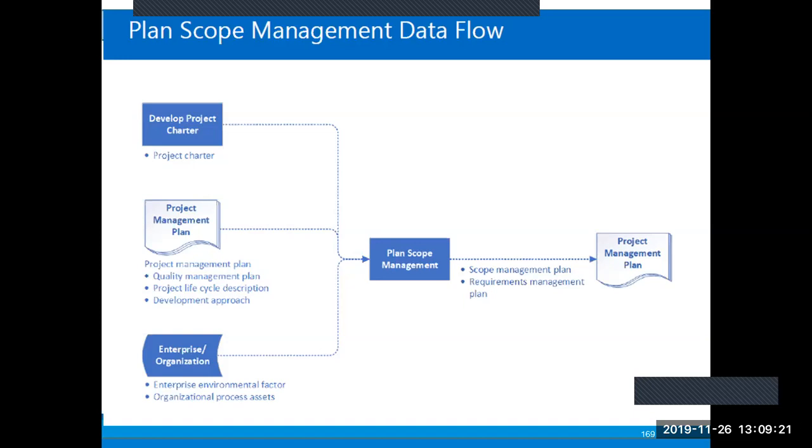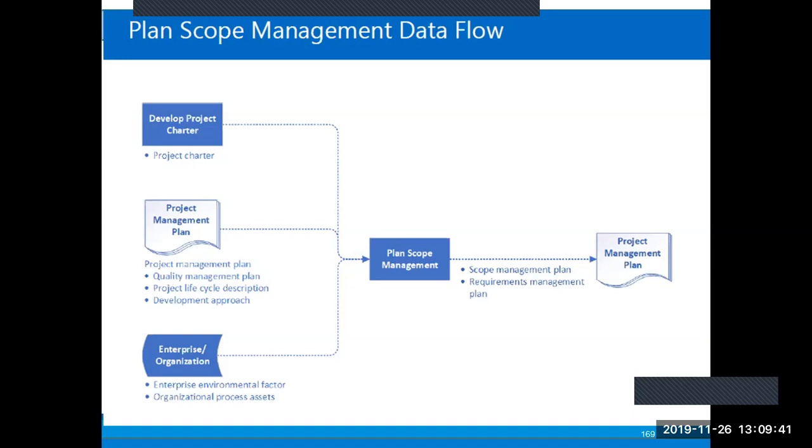So that is the quality. And it relates with scope because a high quality product will require a lot of effort of scope to realize it. Okay, so the same goes with the project lifecycle selection or description.